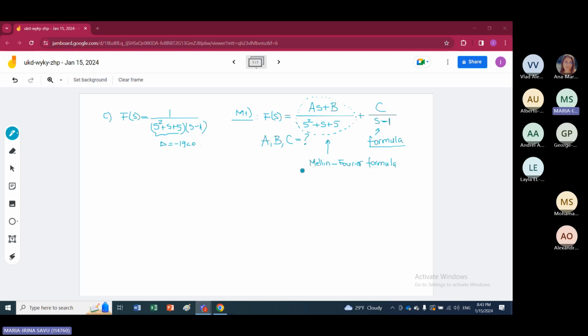So, this method would lead you to less computations here. For the Mellin-Fourier formula, if you want to compute just residues, you can use method 2.